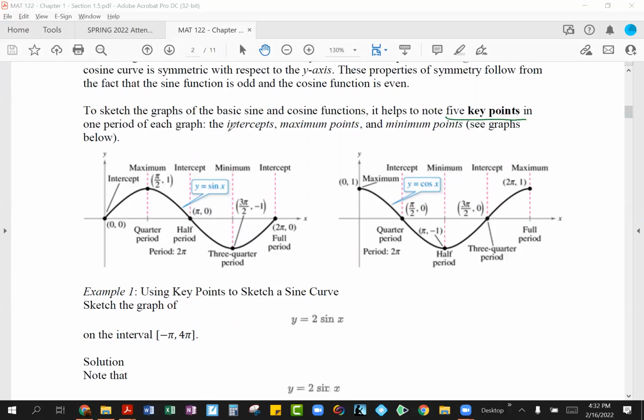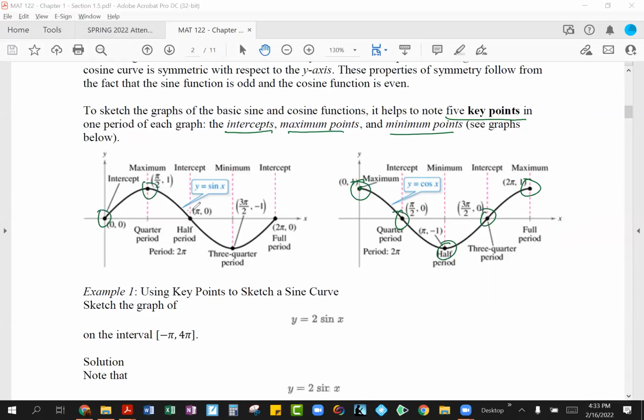So these key points will tell us where the x-intercepts are, or it can also be the y-intercept, and where your maximum and minimum points are. That can help us see what the shape of our graph is going to be, where we are going to have the maximum points, the minimum points, and where the intercepts are going to be.